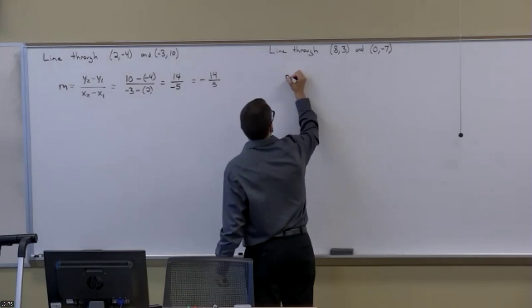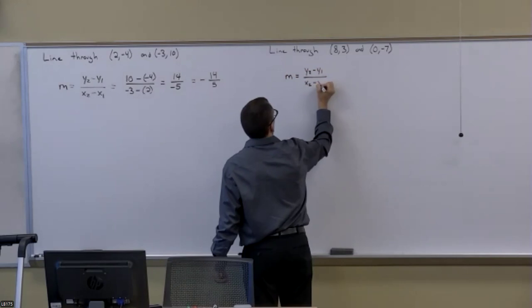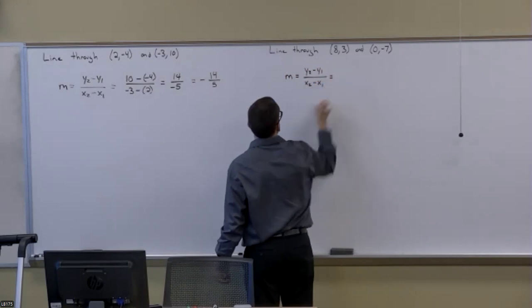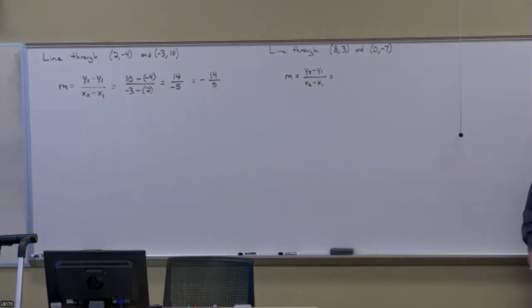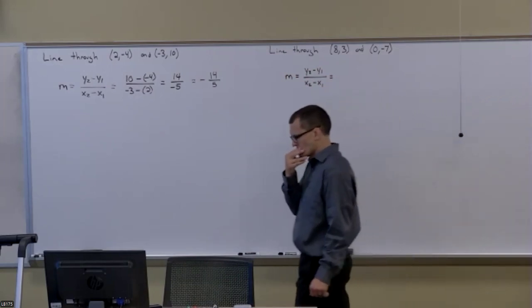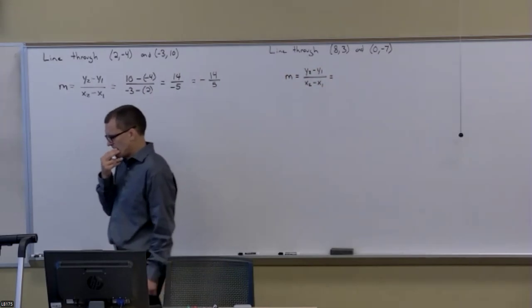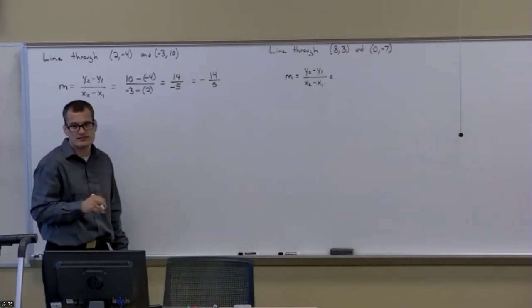For the second problem, to find the slope, by the way, I know I haven't talked about this yet a whole lot, but it's good to mention it every once in a while. When I write things on the board, I tend not to write in the same way I would when I'm solving the equation on a test.